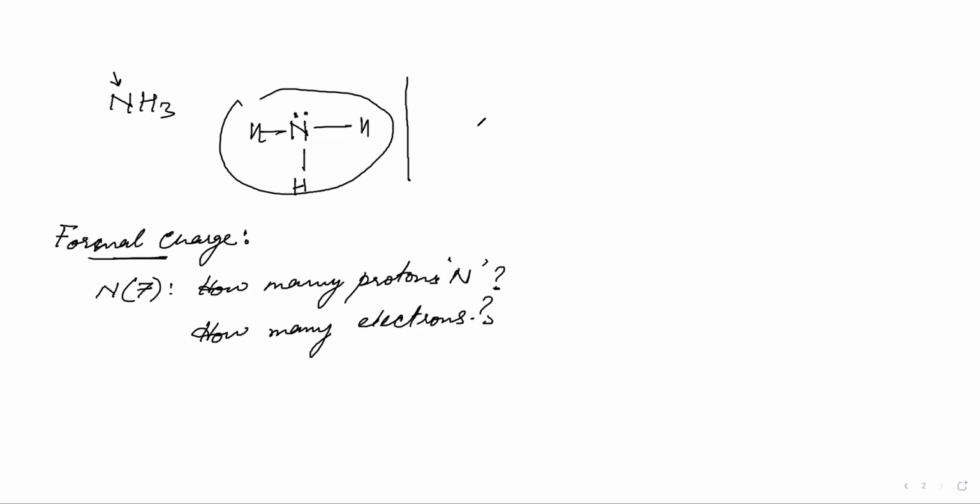Okay, fine. First of all, every element in its form in the periodic table is neutral. And what is the atomic number? Atomic number is equal to the number of protons.